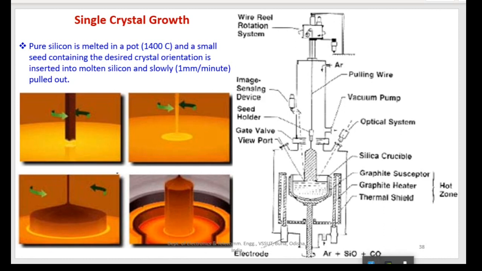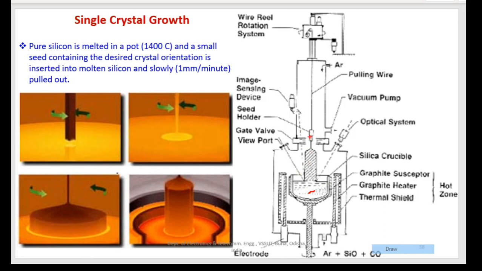This is the final setup. Look at this. This is the molten silicon, this is the container that contains this molten silicon, and then this is the silica crucible, right? And this is the seed holder.